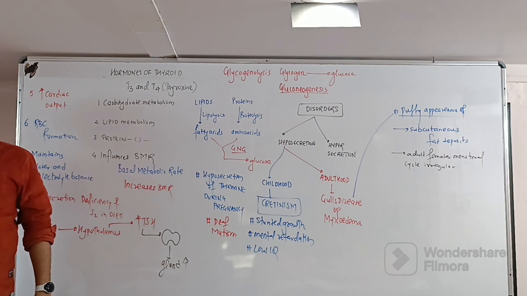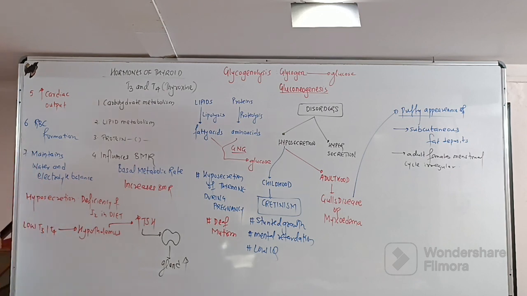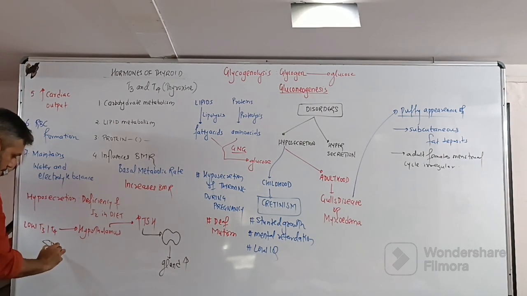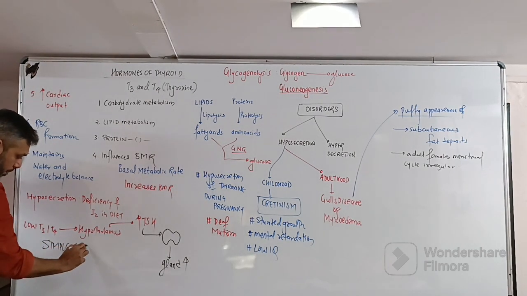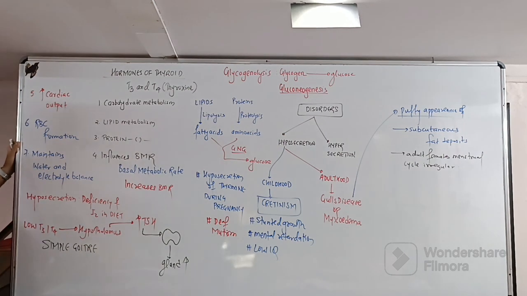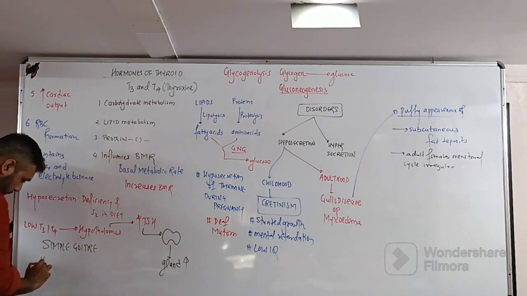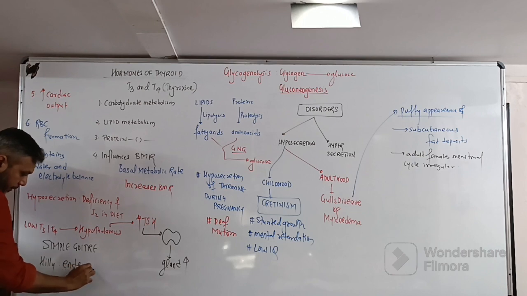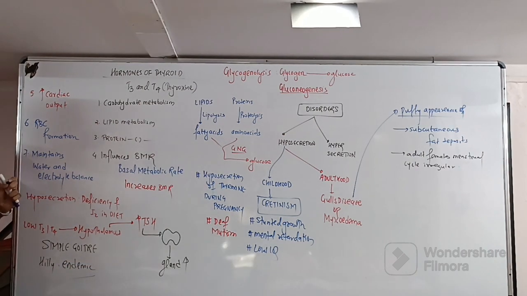So the gland will bulge out like this, and that condition is called goiter. Rather, the correct word will be simple goiter. And if this simple goiter is found in hilly regions, it is endemic there. It's called endemic goiter.